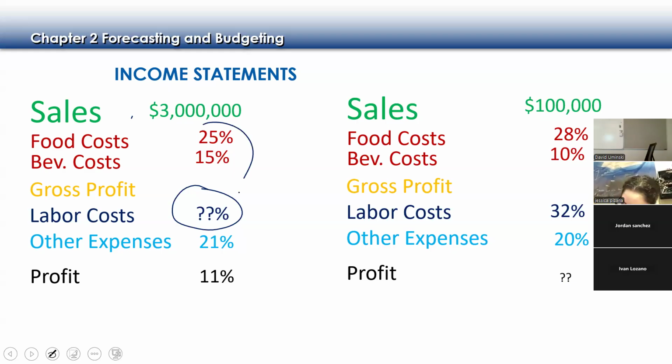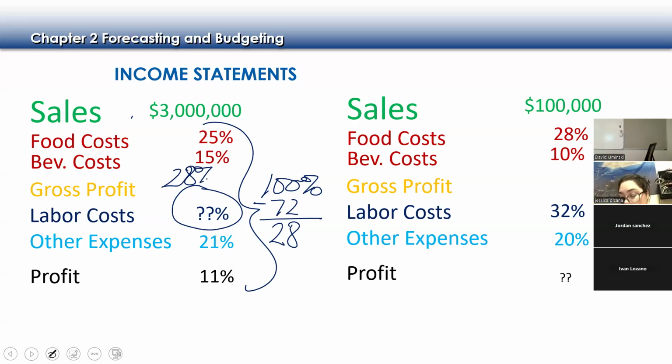If all of this is equal to 100%, what is 25 and 15? 40 plus 21, 61 plus 11, 72. So if we do 100 minus 72, that gives me 28%. So if my labor is 28%, now what tool can I use?